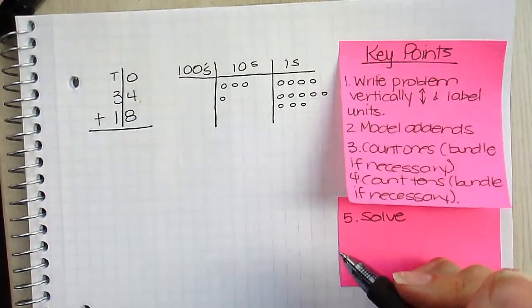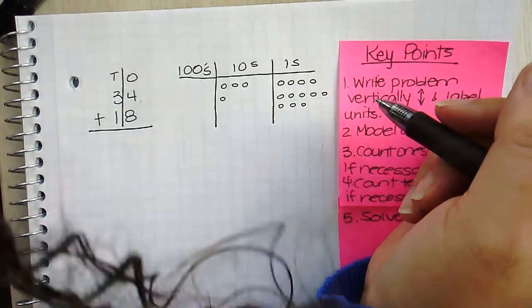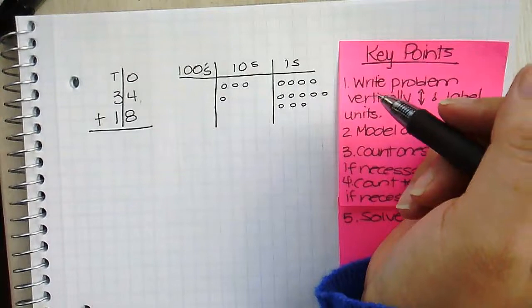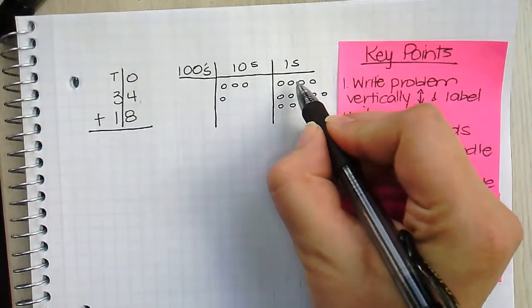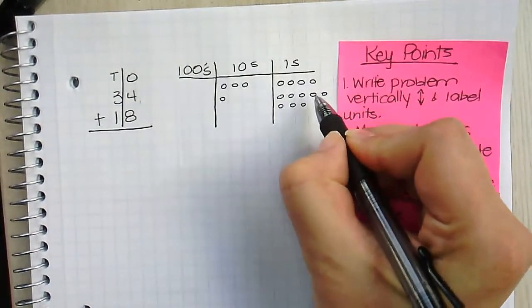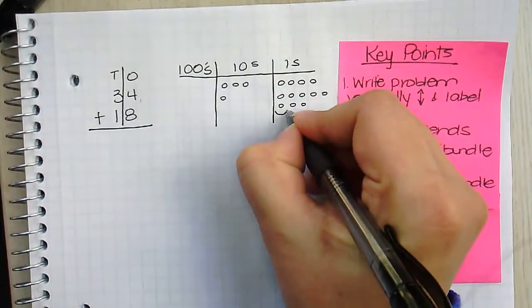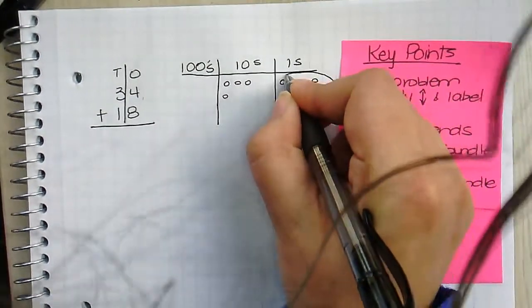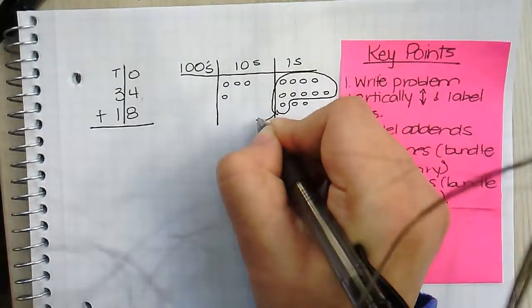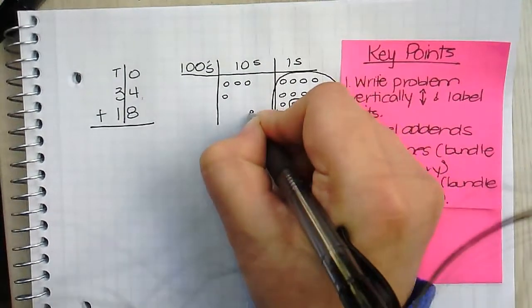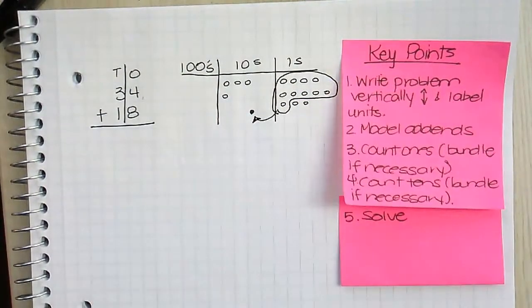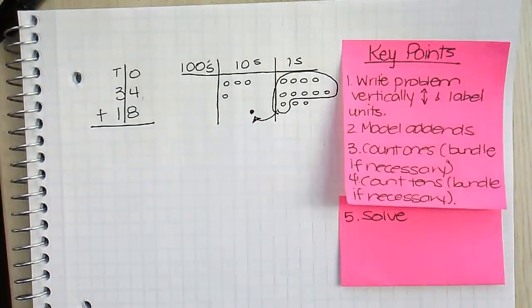If you're thinking that you bundle 10, you're absolutely right. So I go 1, 2, 3, 4, 5, 6, 7, 8, 9, 10. I bundle it. I make the little arrow and I draw 1 dot, and I have a new unit of 10.